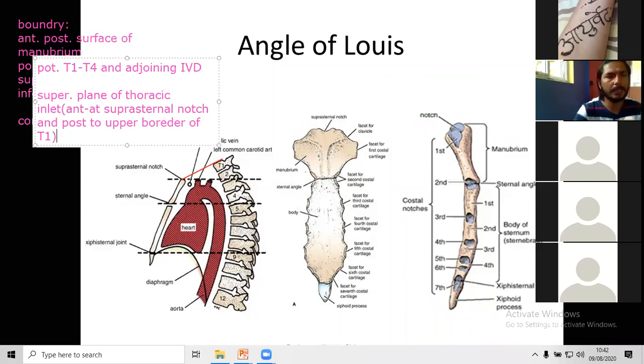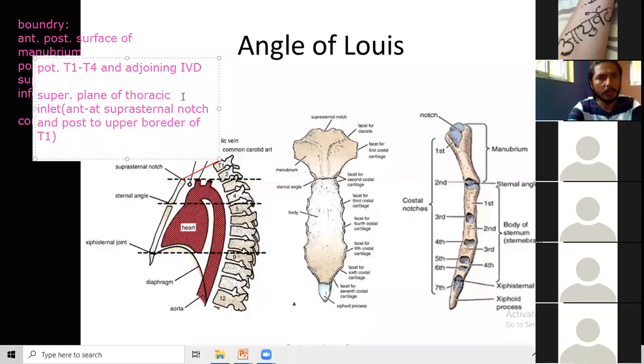So the plane of thoracic inlet is an imaginary plane only. It passes anteriorly at the level of the suprasternal notch, and posteriorly to the upper border of the first thoracic vertebra. This forms the superior boundary. Through the superior boundary, the superior mediastinum communicates with the neck region also.